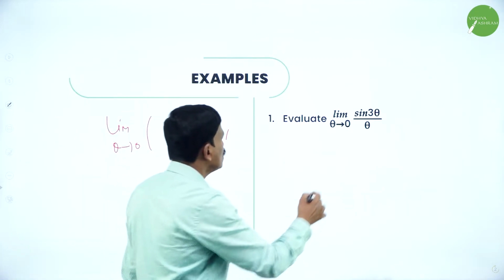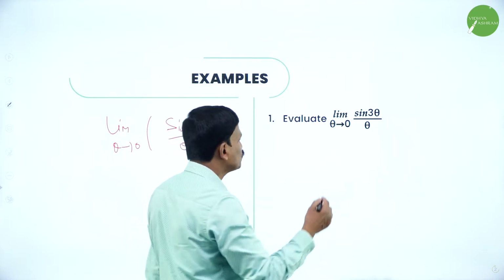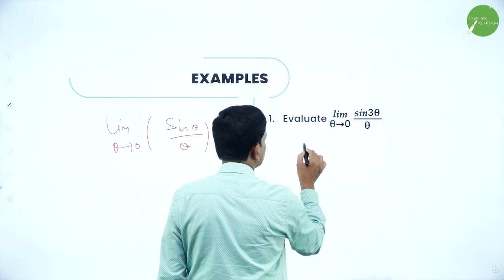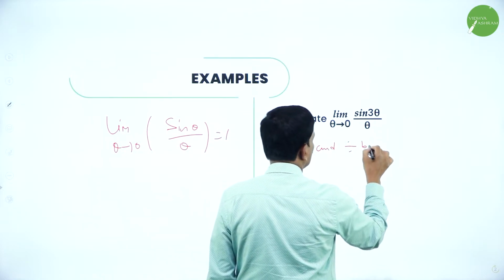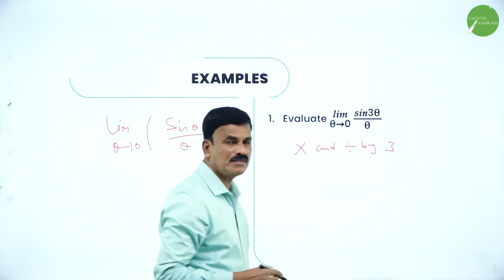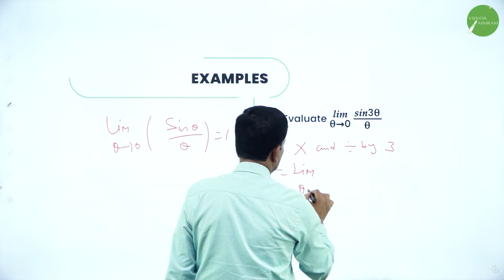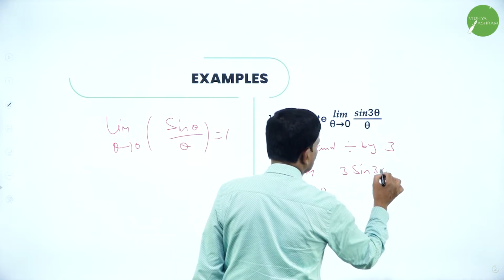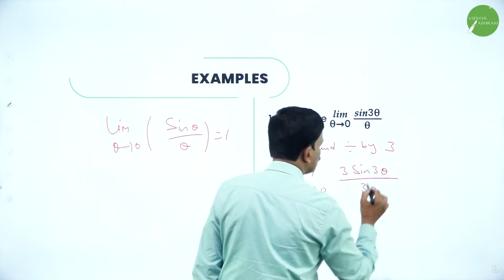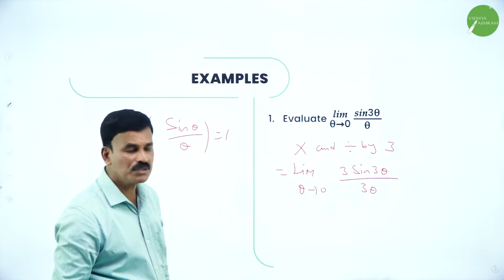Now here, in limit theta tends to 0 of sin 3 theta divided by theta, just multiply and divide by 3. So that is nothing but limit theta tends to 0 of 3 sin 3 theta divided by 3 theta. We are multiplying and dividing both numerator and denominator by 3.